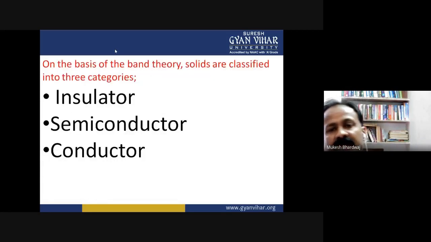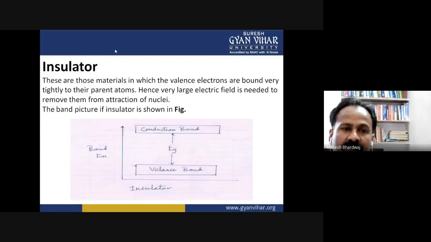On the basis of band theory, solids are classified into three categories, which we have already seen: insulators, semiconductors, and conductors are differentiated on the basis of band theory. Just a small review once again to give the classification of insulators through some pictorial representation.